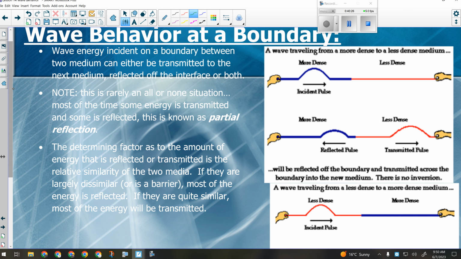Now there are some rules to what the reflection looks like when you go from one medium to another. If you have, let me grab another spring here.